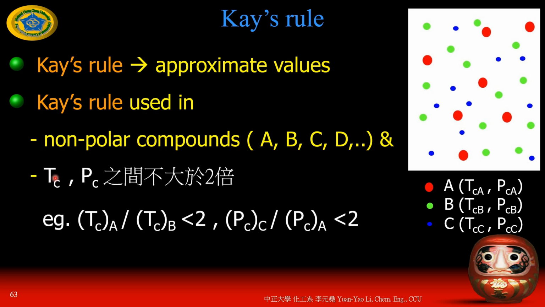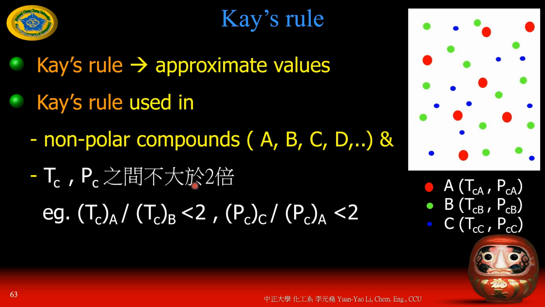And also, the TC and PC should differ by less than 2 times. For example, this is species A, species B. The ratio of the critical temperature for species A and species B should be less than 2. But don't worry about this now. What you need to know is how to do the calculation.